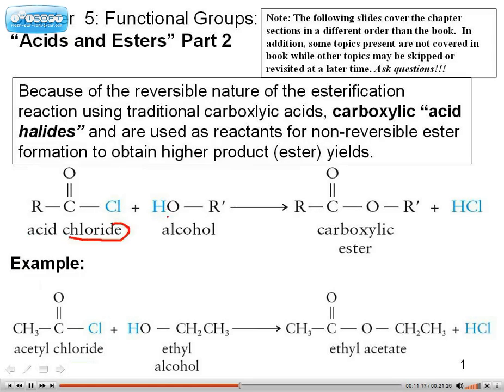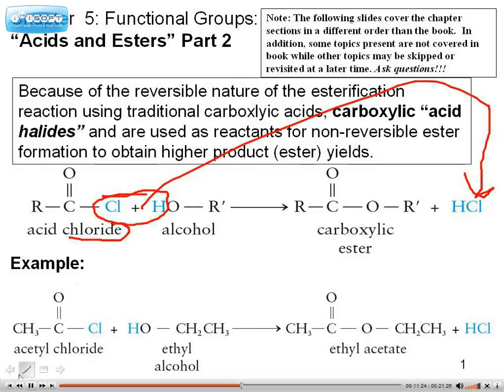Here we have the alcohol. Notice the hydrogen and chlorine, again, they come off, forming HCl. The leftover oxygen from the original alcohol will then bond to this carbonyl group, forming our ester. And again, this is a non-reversible ester product.